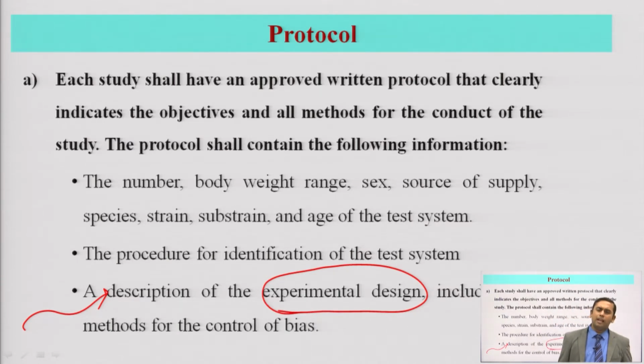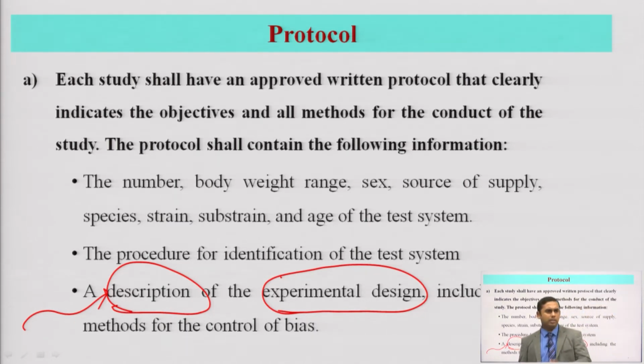So, at that time the health officials will visit your testing facility, they will ask to show them the proper documentation, and if they see the description of the experimental design, they will be satisfied that yes, the work is going properly, but there might be some mishap. You have seen in the story of the recent outbreak of COVID-19, SARS-CoV-2, there are lots of conspiracy theories that its origin was from the Wuhan Institute of Virology.